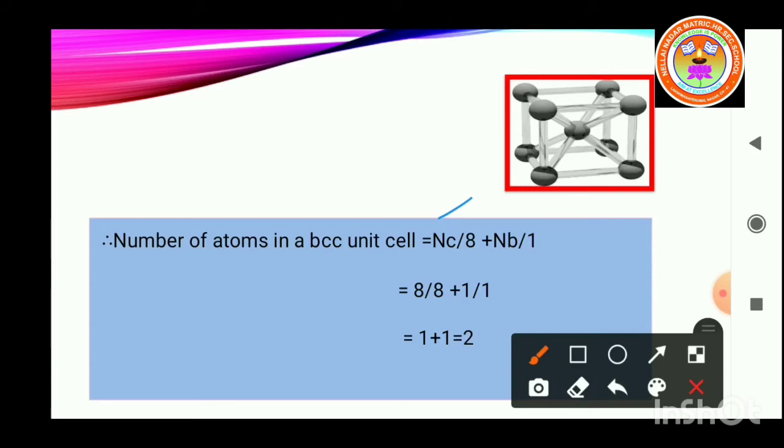Already I told that the atom present at the body center belongs only to a particular unit cell, that is, unshared by other unit cells. That's why it is NB divided by 1. So 8 by 8 plus 1 by 1. So it becomes 1 plus 1 is equal to 2. Now clear? The number of atoms in a BCC unit cell is 2.